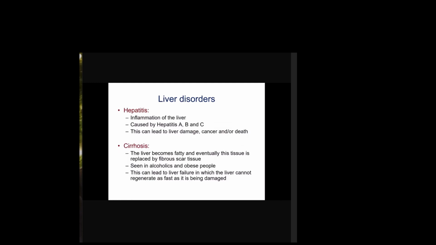Some liver disorders that we might know: sometimes the liver might become inflamed as a result of an infection like hepatitis. They have different strains, hepatitis A versus B and C, but if you have this infection, it could cause liver damage, it can even make the liver cells become cancerous and could kill somebody. Sometimes the liver can become fatty, have more fat, and when it's fatty, it's not able to do its job, like they call it cirrhosis of the liver.